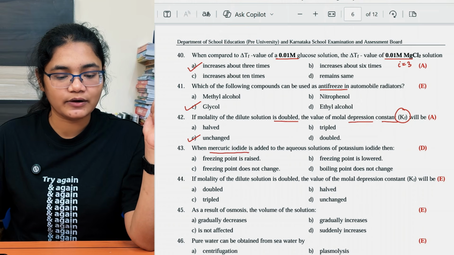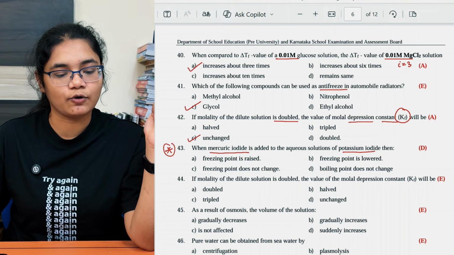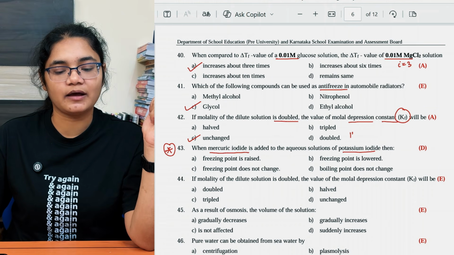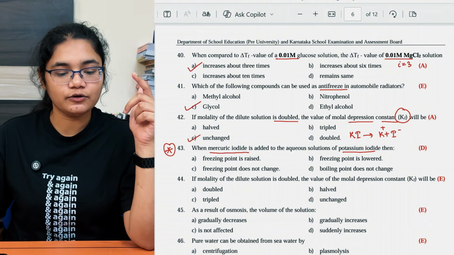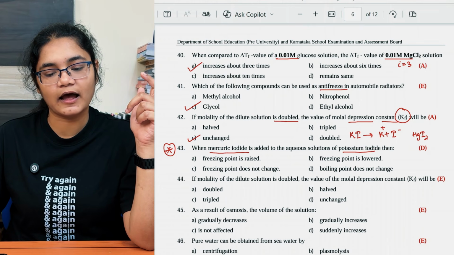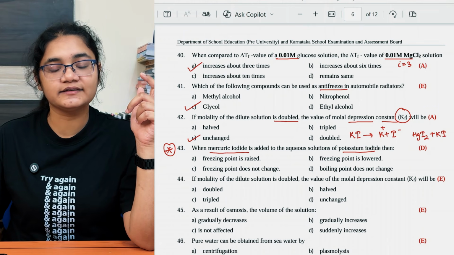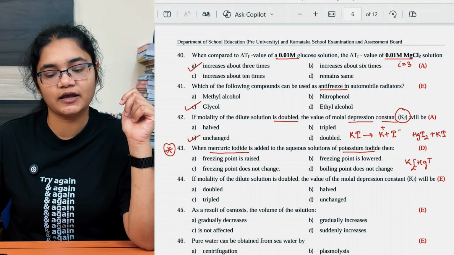When mercuric iodide is added to the aqueous solution of potassium iodide, this is again an important question. Now see, when potassium iodide is there, it will dissociate to give you K+ and I−, right? So there are two particles. But when you add this mercuric iodide, that is HgI2 plus KI, there is a complex formed like K2HgI4.